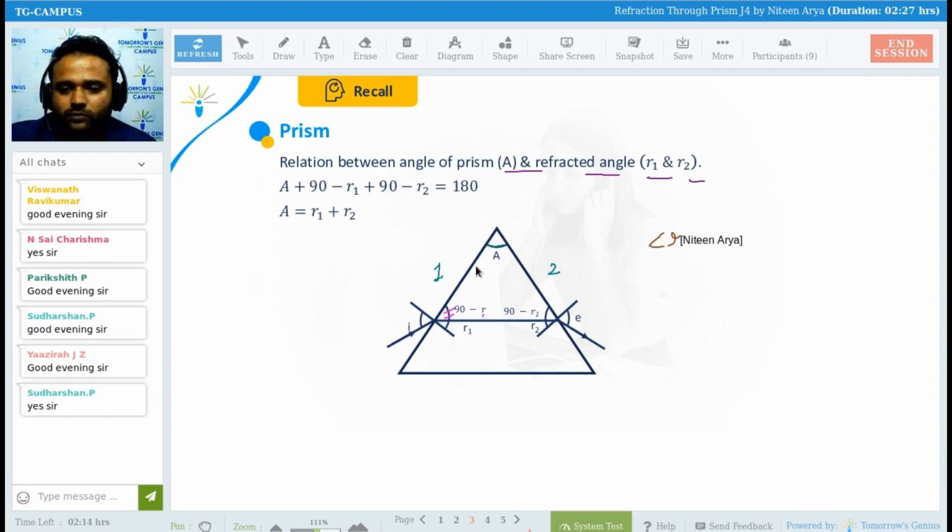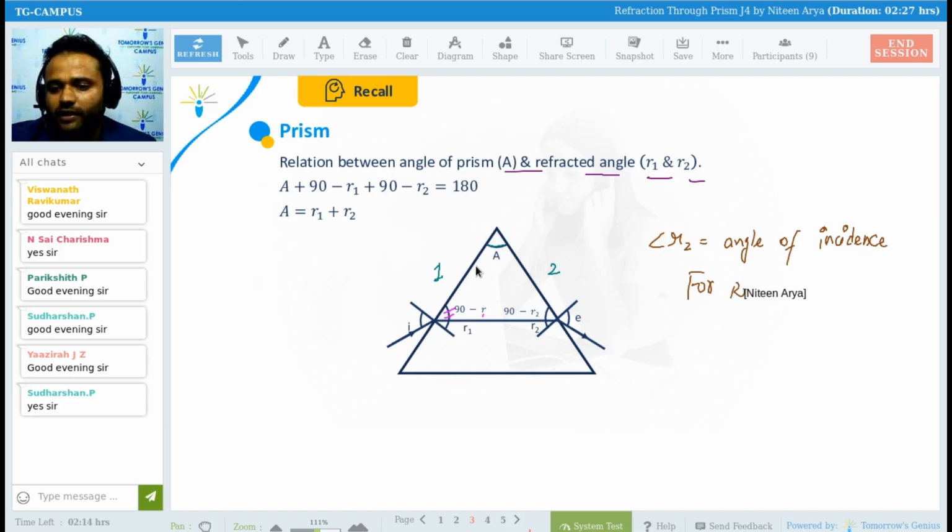In the same sense, this angle R2 is the angle of incidence, not refraction, the angle of incidence for refracting surface 2.